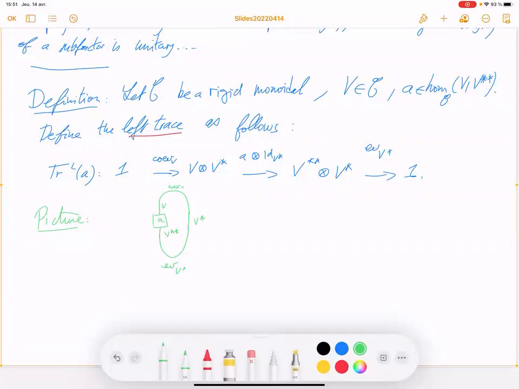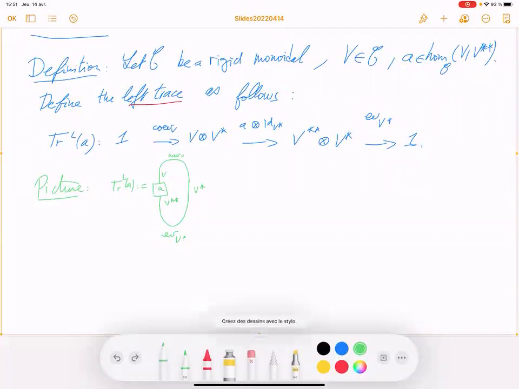So you can see, pictorially, trace left of A is equal to that. In fact, this is usual. The trace in pictorial representation of a category or in planar algebra is always something you close.